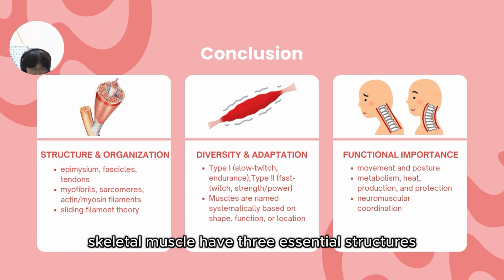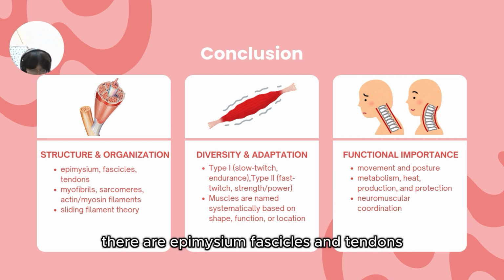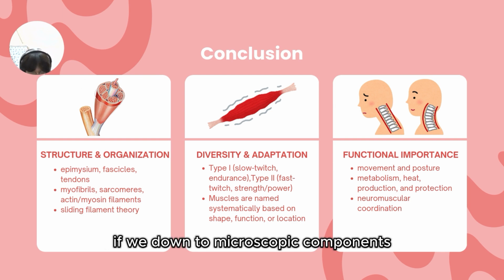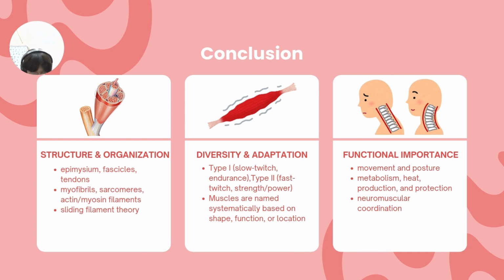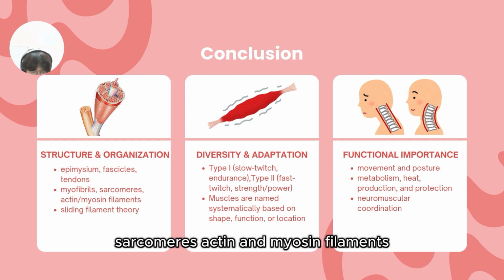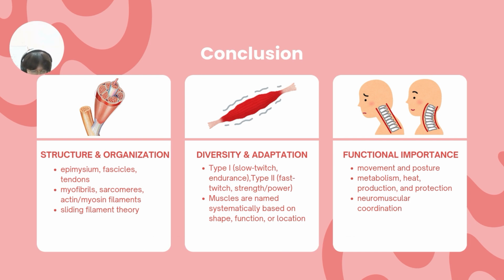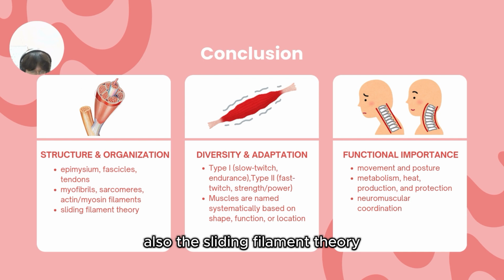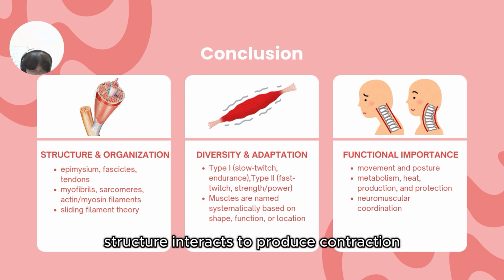Skeletal muscle has three essential structures: epimysium, fascicles, and tendons. If we go down to microscopic components, there are myofibrils, sarcomeres, and actin and myosin filaments. Also, the sliding filament theory can explain how these structures interact to produce contraction.